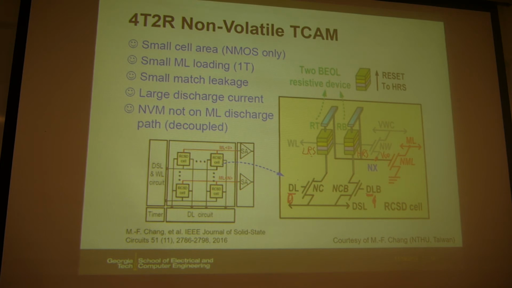If you want to implement the X condition, then you just need to have those two in the same state. Then no matter what, they will give you the same output. That is the X condition. So this is the TCAM cell. Any questions?